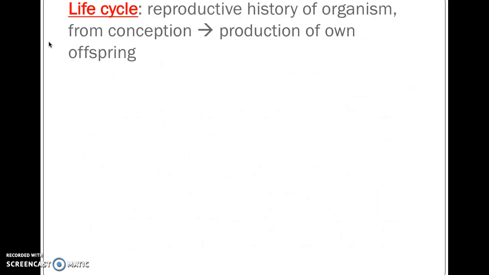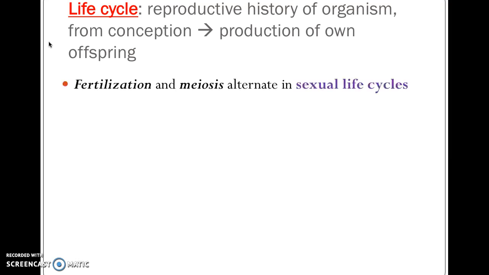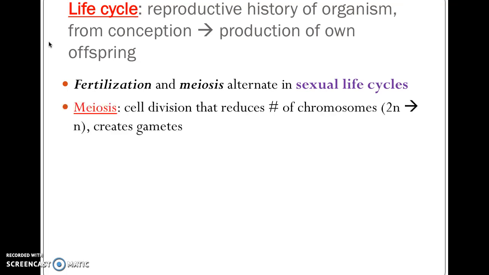So an organism's life cycle is the reproductive history of the organism from conception to production of its own offspring. Now, in organisms like us, we go through fertilization and meiosis, and we alternate.